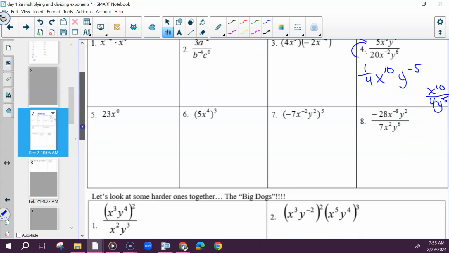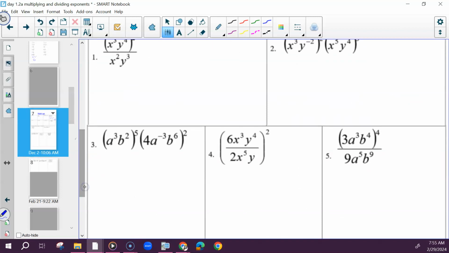Bottom ones. Numbers 1 through 5. Any of those we want to see, do, go over, have questions about? Any others?